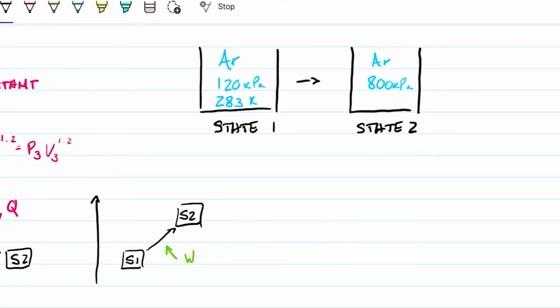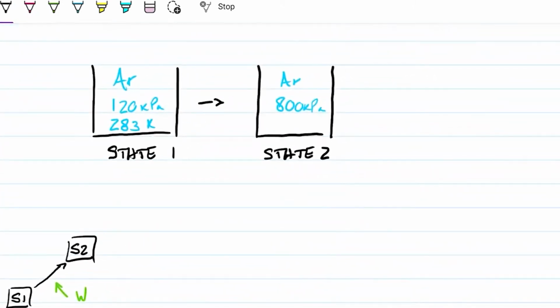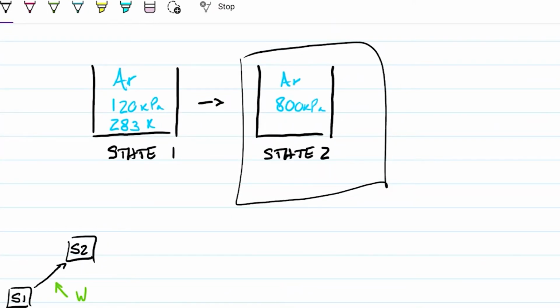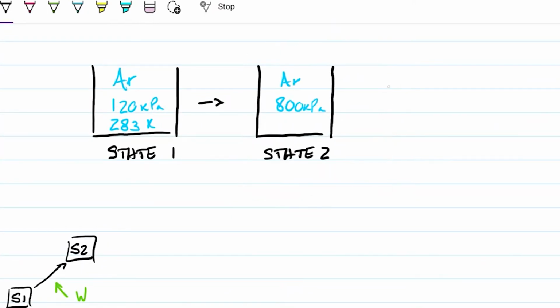So, what's the game plan here? We need one extra bit of information for the second state to be able to define it, right? We know that no mass is leaving or entering, so I can say that P1 V1 over T1 has to be equal to P2 V2 over T2. But we're still missing one unknown to be able to use this equation.